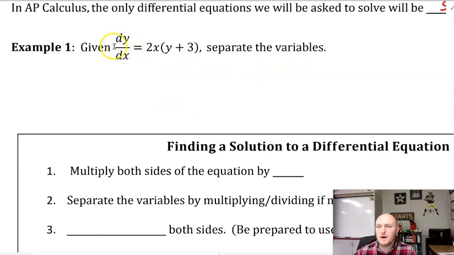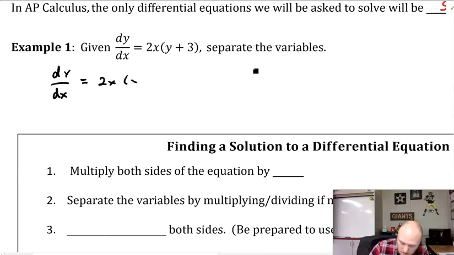Well, I'm going to move my dx over to the other side. Now, dy dx is a derivative with respect to x, and mathematically, technically, what we're doing is not totally legal, but it works anyway with what we're doing here. We treat it as a fraction. It's not really a fraction, but we treat it like a fraction. So I'm going to multiply this by dx.